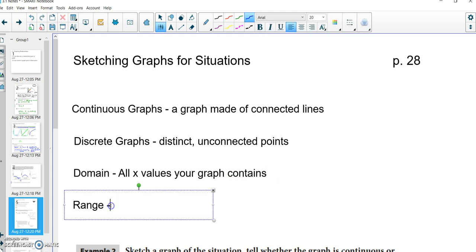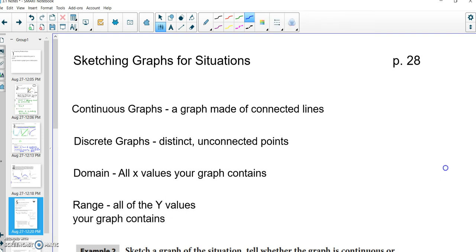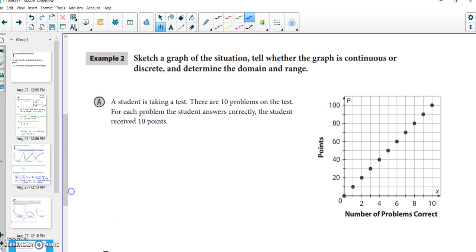And the range would be all of the y values. So domain and range, all of the x values your graph contains, or all of the y values your graph contains.